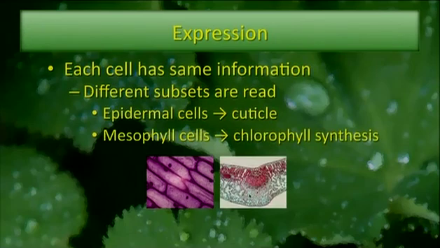They're highly specialized for photosynthesis, so they'll express a set of genes that encode enzymes for the synthesis of chlorophyll. One of the most active areas of research in biology has to do with how organisms actually express their genes.